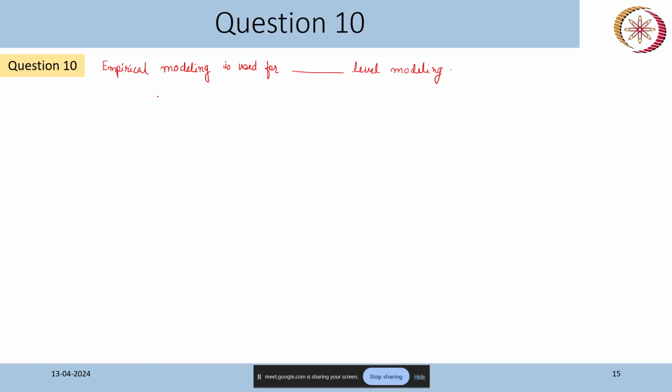I will give you the options, and I hope you can easily get the answer. First, option A is device level modeling. Option B is circuit. Option C is circuit and system.